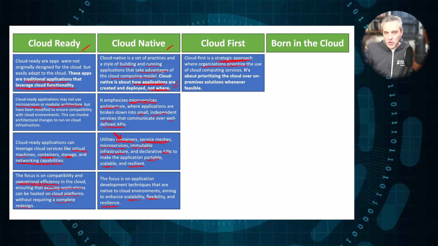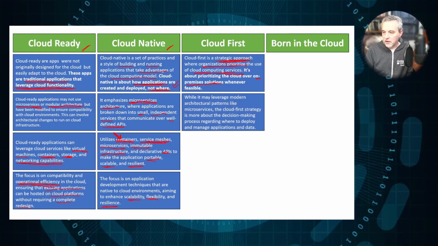But cloud first is more about trying to understand how one can take advantage of cloud service providers over on-premise solutions. So the on-premise solutions versus the cloud service providers is really what this is getting at. So this is more about the decision-making process and less about any kind of solution or any kind of operational efficiencies that might be gained from adopting a cloud native approach.